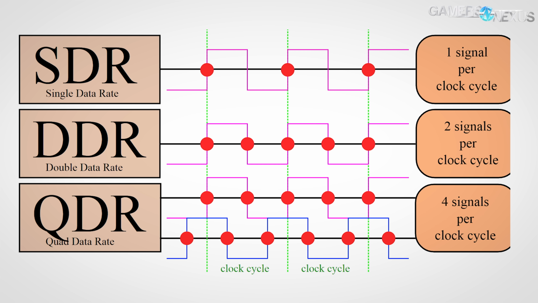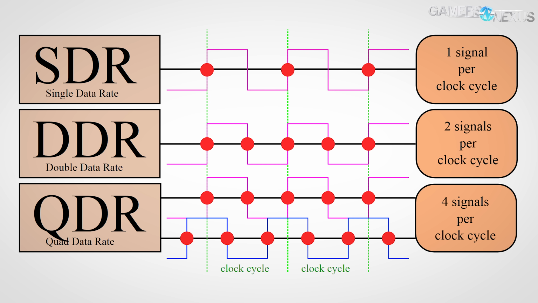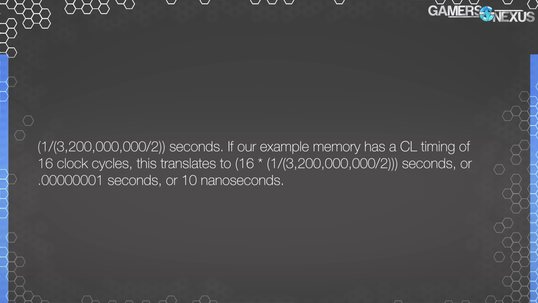However, modern memory is DDR, double data rate, meaning data is transferred on the rising and falling edge of each clock. So advertised frequencies are twice the real clock frequency. That's part of why when you set memory to 3200 megahertz in BIOS, CPU-Z will show 1600 megahertz. The time is really 1 over 3.2 billion over 2 seconds here.